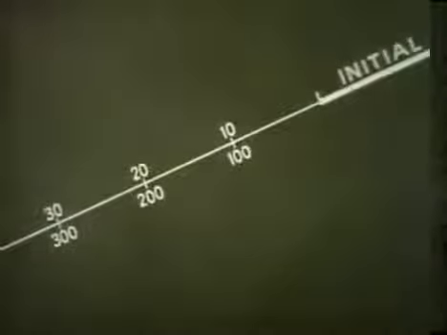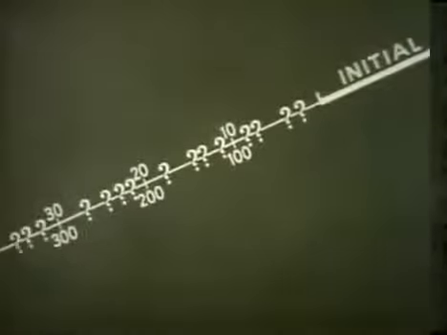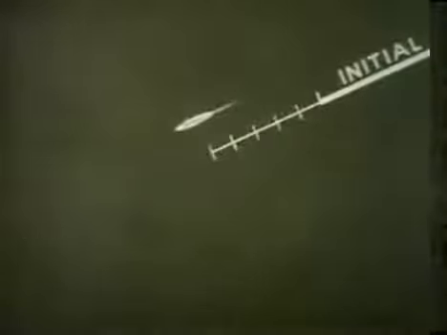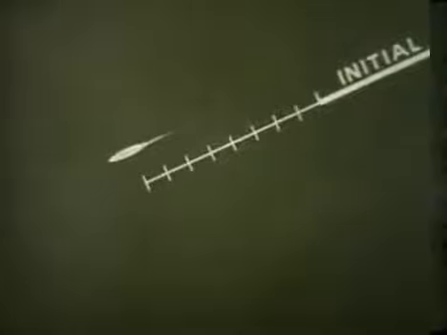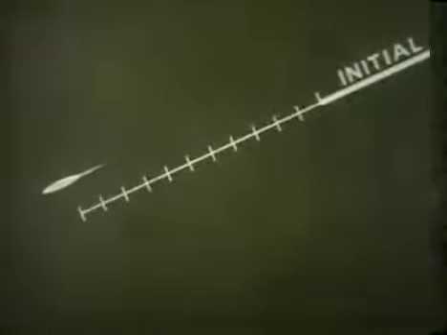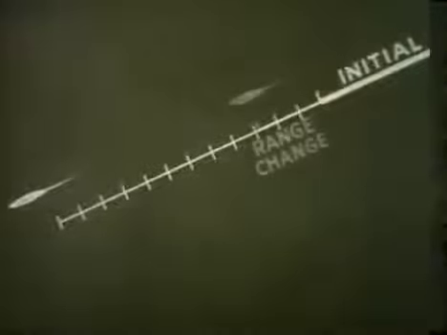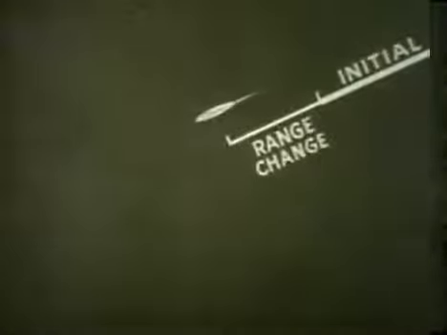But what was the range change at all other points? With ordinary arithmetic, you couldn't keep pace with this problem. And of more significance, the solution would be in a series of jumps. Range doesn't change this way. The integrator computes range change like this, smoothly and continuously with the changing range.